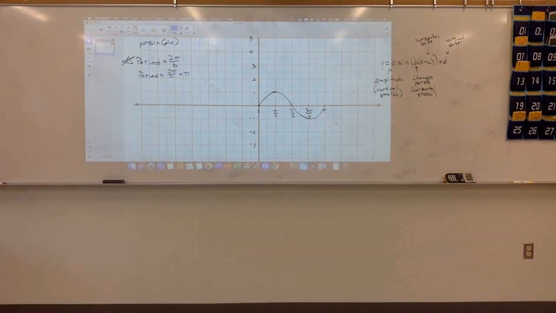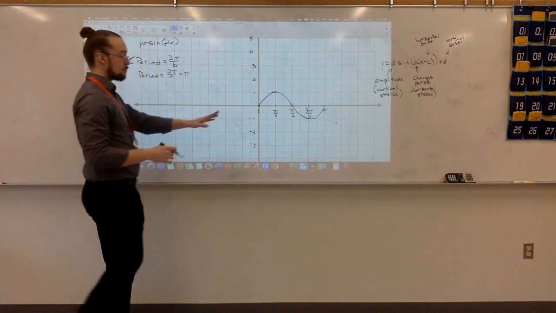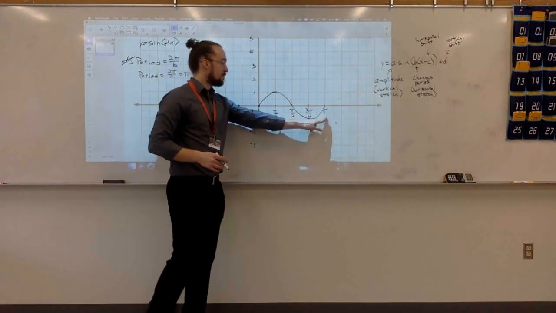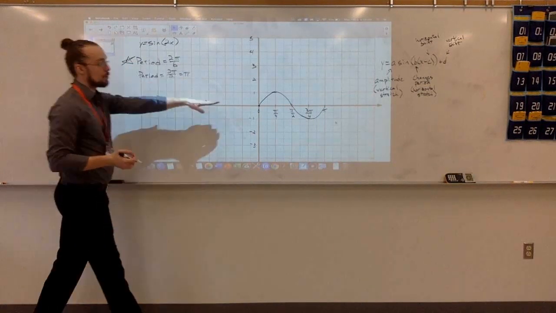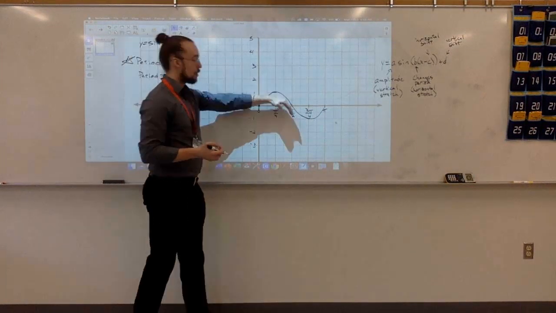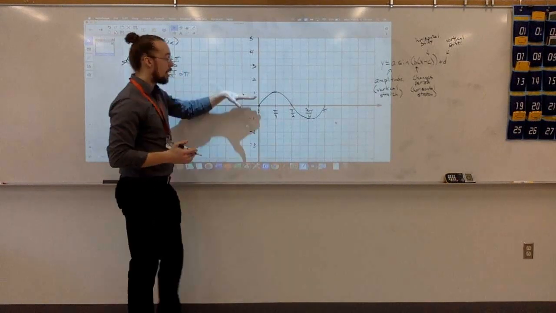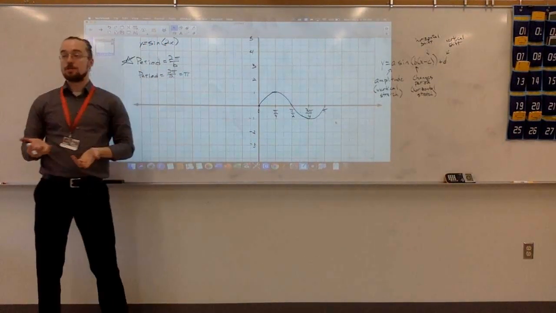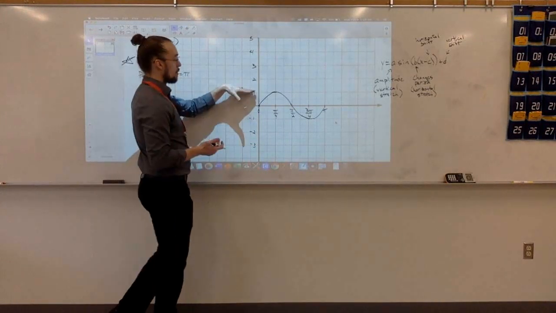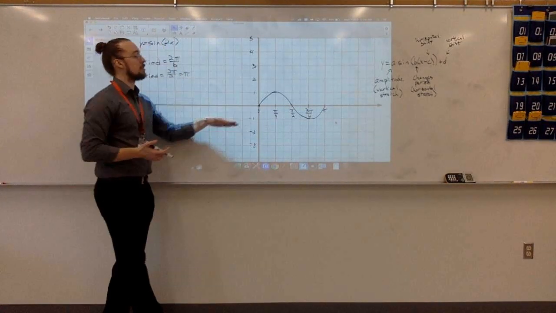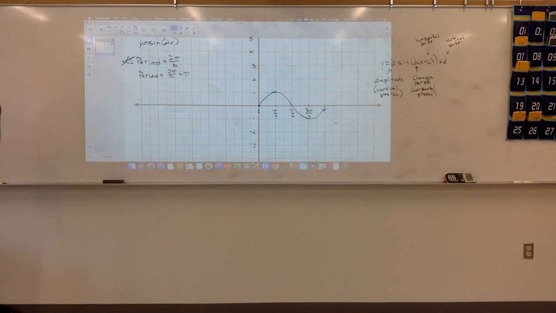Okay, so again, what I'm going to be looking for are your key points, the correct function. Right? I mean, this is sine, so we know that we're starting on the midline, going up and then back down, and then the correct mins and maxes. And so my amplitude is just 1 here. So my max should be +1, min should be -1.